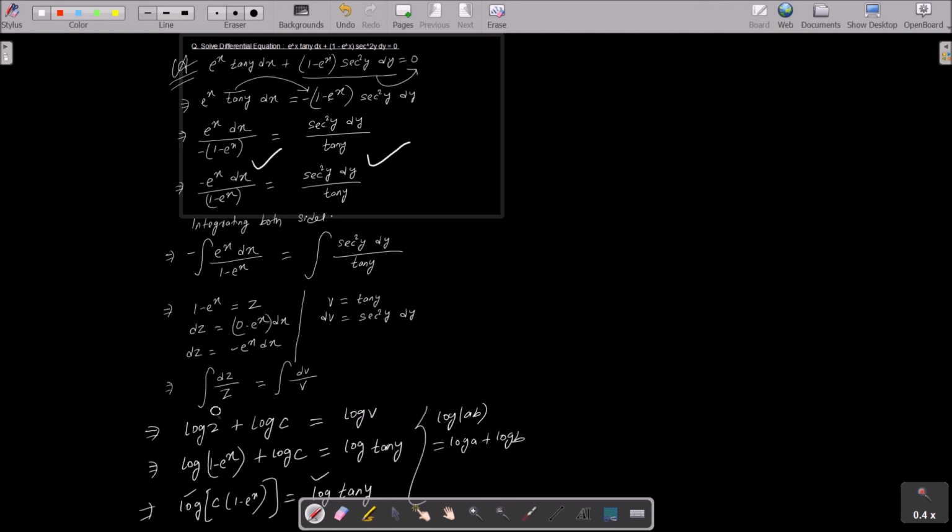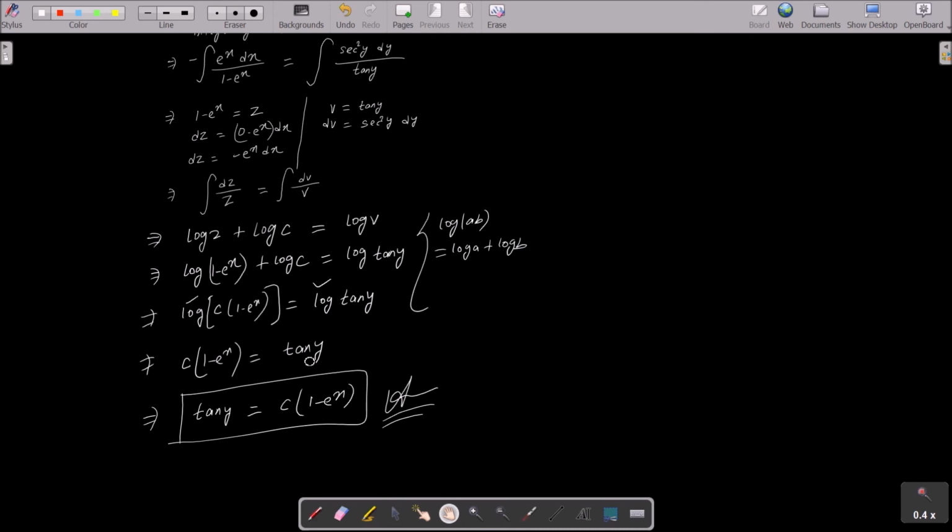Then put the values: the integration of 1 by z is log z, plus log c, because c is the arbitrary constant you should include. Both sides have the log, so I include log c. Then log a plus log b equals log ab, and then c (1 − e^x) comes, that is tan y. So we can write tan y equals c (1 − e^x). So this is the general solution of this question.